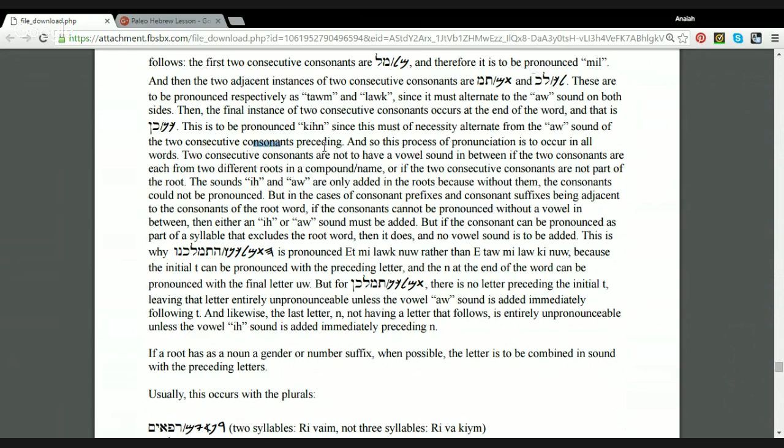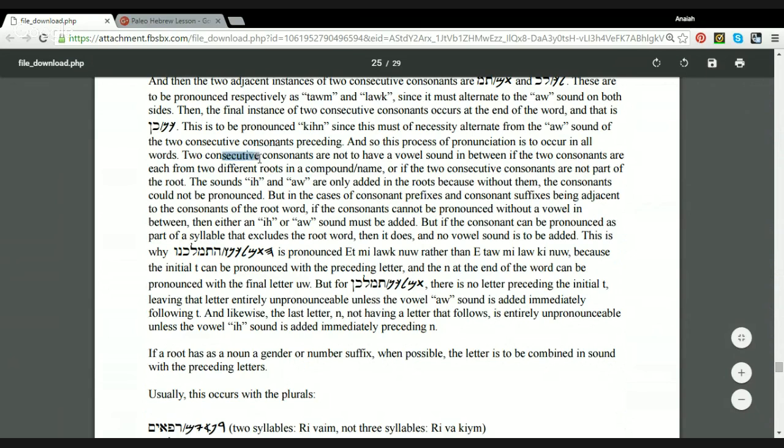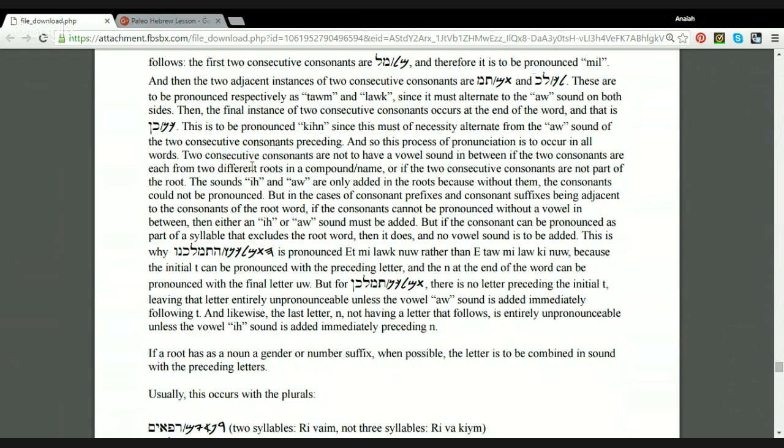I say right here, two consecutive consonants are not to have a vowel sound in between if the two consonants are each from two different roots in a compound name, or if the two consecutive consonants are not part of the root. The sounds I and ah are only added in the roots because without them the consonants cannot be pronounced.